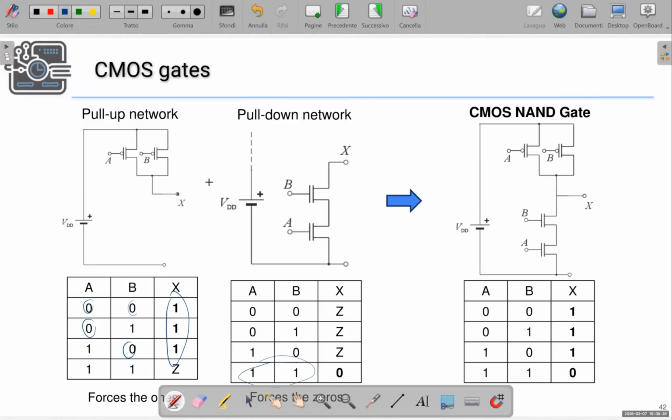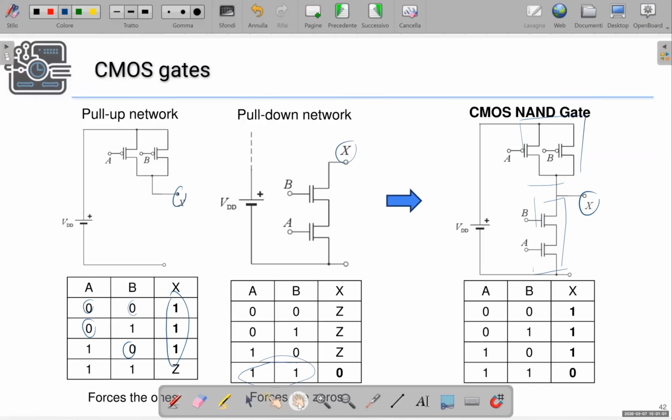If we put them together, so if we connect the same output X to the pull-up network consisting of two parallel PMOS switches and the pull-down network consisting of two series NMOS switches, well, we have a gate that forces the output high when we have at least one 0 basically, and forces the output low when we have both the inputs at 1.